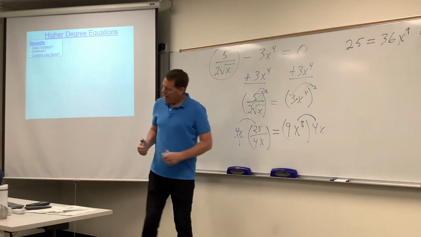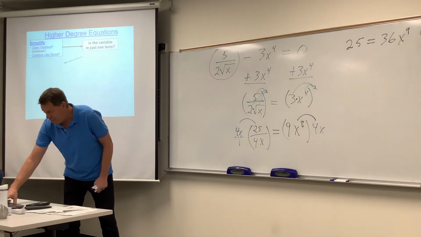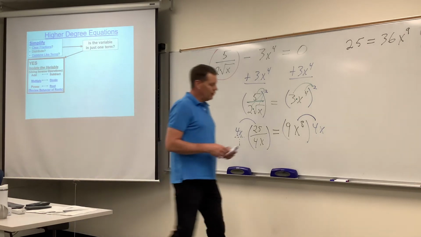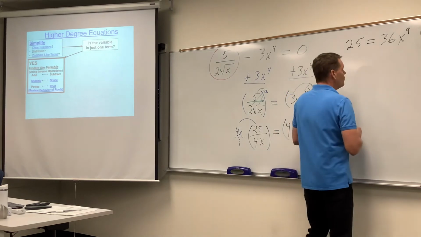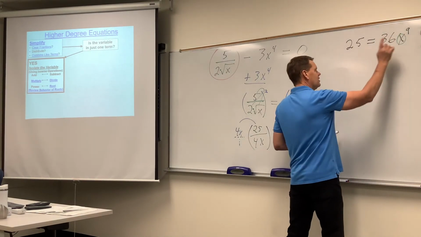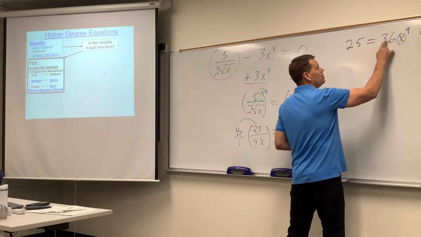Now look, the beauty of this one is that we're lucky enough to have the variable in one term. X is in one place. So the logic needs to be to use inverse operations here. And so in reference to the x, you would hopefully say, let's see, parentheses, exponents, that's what the 9 is, multiply.